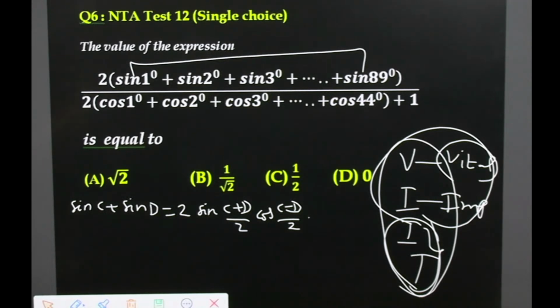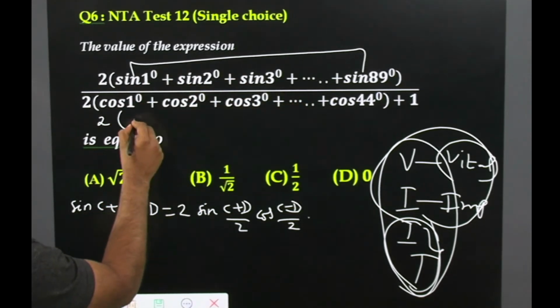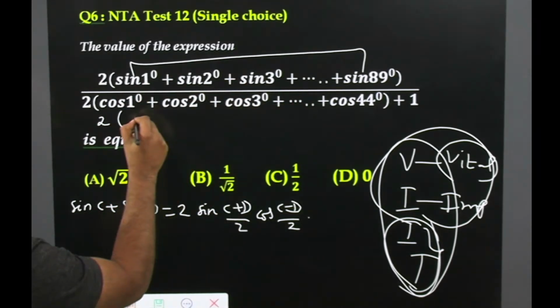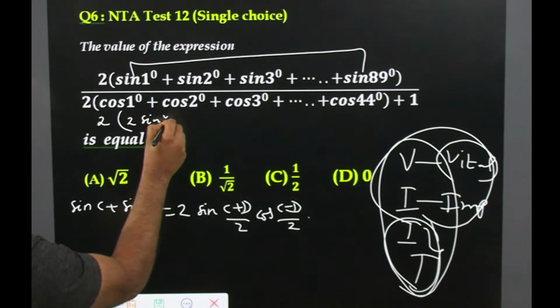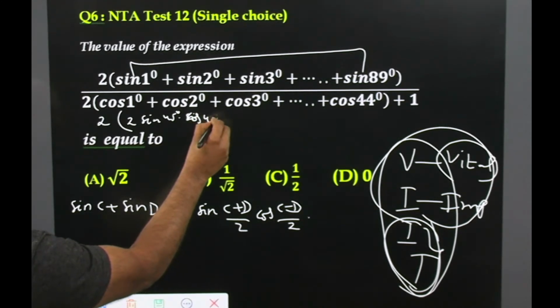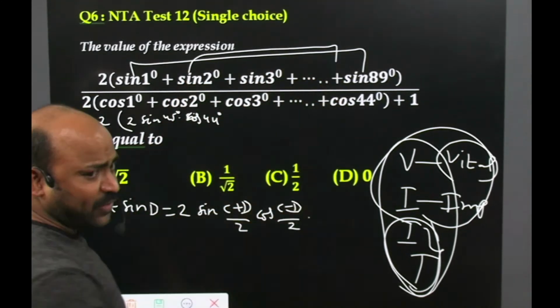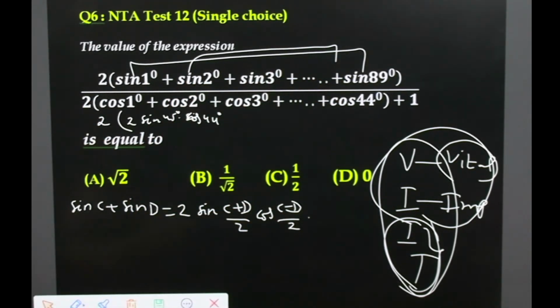Can you make it pairs? So what you will get by doing pairs? Sine 1, sine 89 means how much? 2 sine 45 into cos 44 degree. Clear? The next one, 2 and 88, again I'll get 45. 90 only, right, the combination.